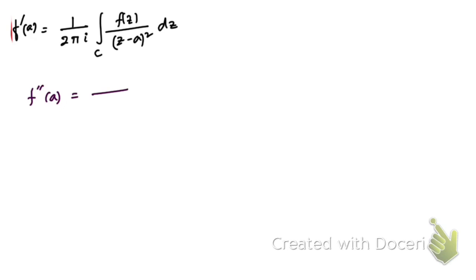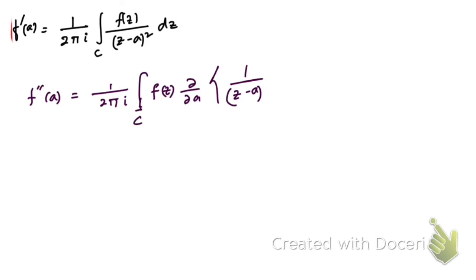If you differentiate it again, 1 by 2 pi i integration along C of f of z, partial derivative with respect to a of 1 by z minus a whole square dz. If you differentiate this, what is it going to be? It's going to be minus 2 into z minus a, and then again the derivative of z minus a is going to be minus 1.